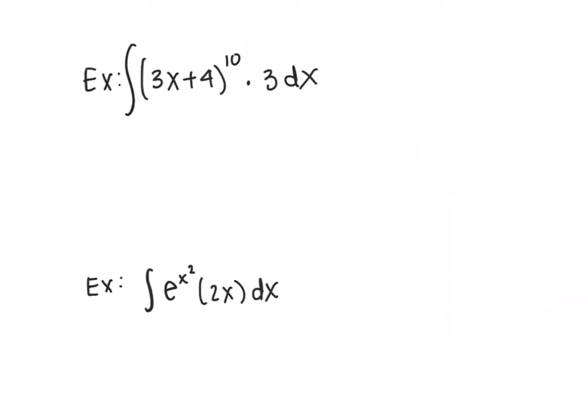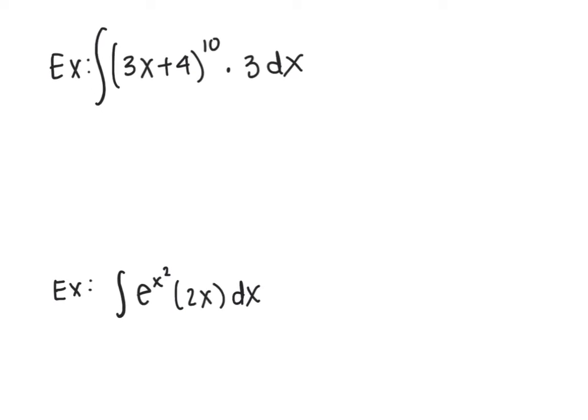We've got an inside piece here, 3x plus 4 to the 10th power. So I'm going to let u equal 3x plus 4. The derivative of that, du dx, is 3. So I can multiply by dx and divide by 3, and I have du over 3.